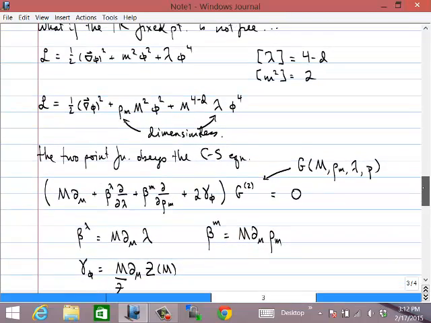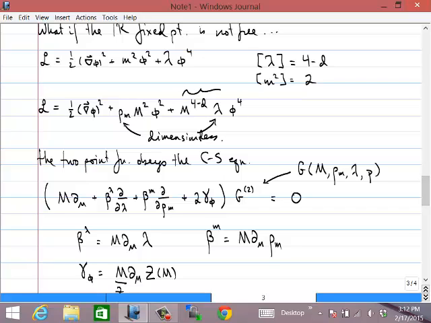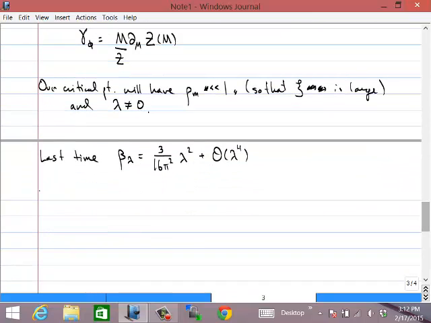The only difference is that I've pulled out a factor of m to the 4 minus d here. So you have to correct the beta function to take that into account, because as you change m, this coupling constant right here will actually change as you change m, just because I've pulled out that factor of m to the 4 minus d.